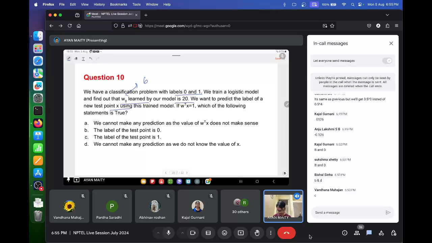If for the new test point x, W transpose x equals 1, which of the following statements is true? Option A says that we cannot make any predictions. Option B says that the level of the test point is 0. Option C says the level of the test point is 1, and option D says that we cannot make any predictions as we do not know the value of x.